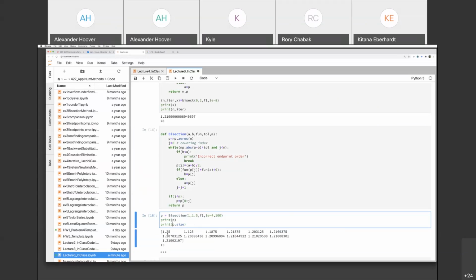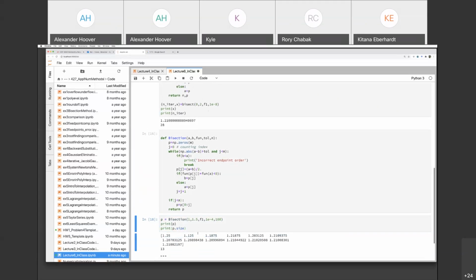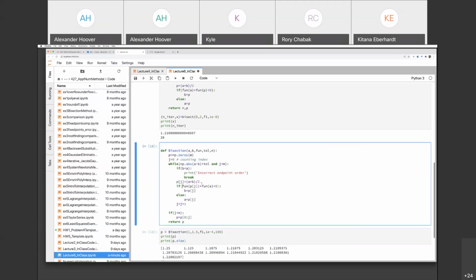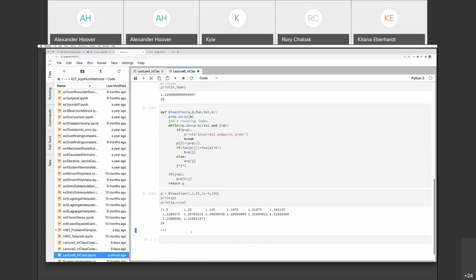So this is just a way of seeing what the code is actually doing. These first three are the values that we chose in our first iteration. Actually, one thing I should add is that we were using between 1 and 3. So let's do 1 and 2. There we go. That makes more sense.